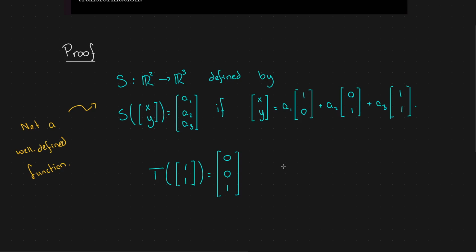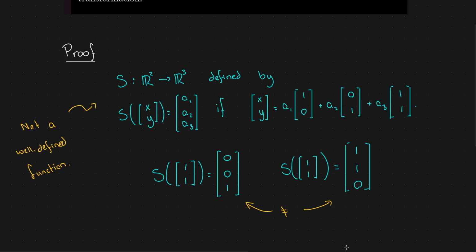Okay, but also, S of (1, 1) I could also use coefficients (1, 1, 0). Because 1 times vector (1, 0) plus 1 times vector (0, 1) plus 0 times vector (1, 1) is also equal to vector (1, 1). Okay? The problem, though, is these are not equal.